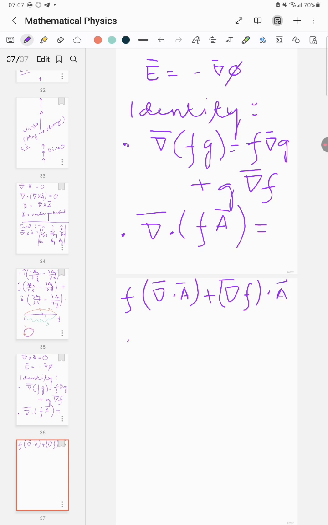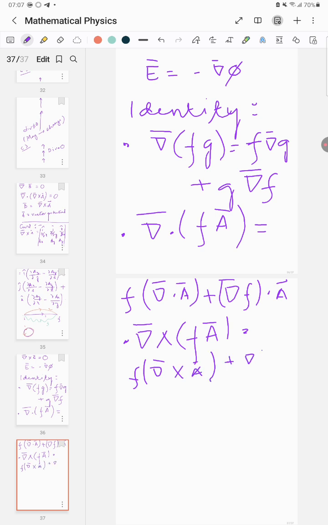Now curl of fa would be f curl of a plus grad f cross a.